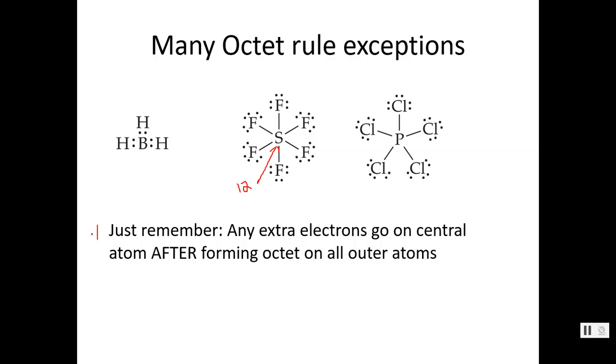What I want you to be familiar with and comfortable with is using the rules that we have talked about in the previous video for drawing Lewis dot structures. And also remembering that once you draw the Lewis dot structure, any extra electrons go on the central atom after forming the octet on the outer atoms.